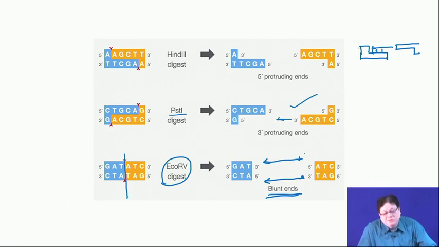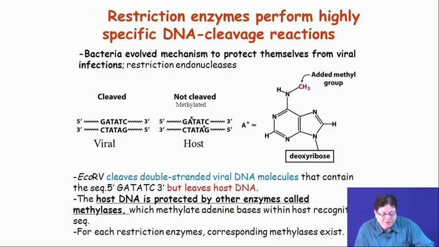The restriction enzymes cut the external DNA and chop it apart, so that it cannot infect the bacteria. Restriction enzymes perform highly specific DNA cleavage reactions, and bacteria evolved this mechanism to protect themselves from viral infections.